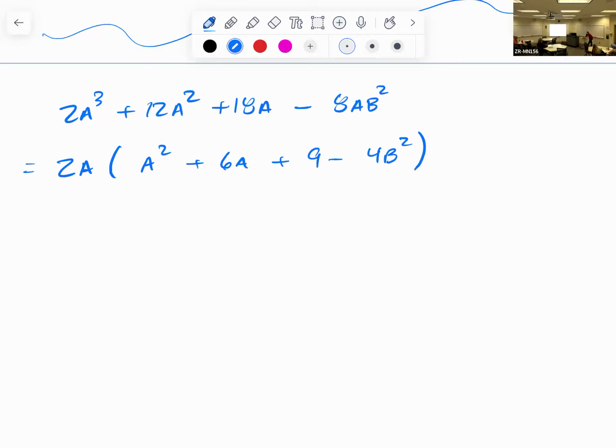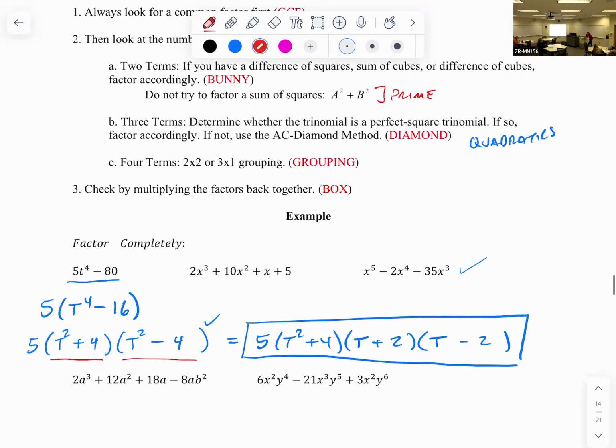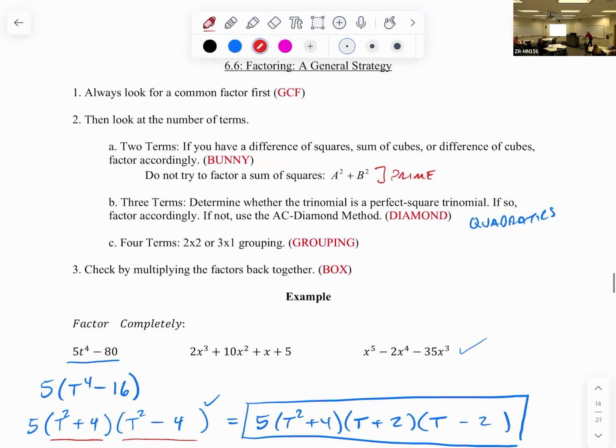All right, how many terms do we have, Brittany? 4 terms. Which means what approach should we use? The grouping.